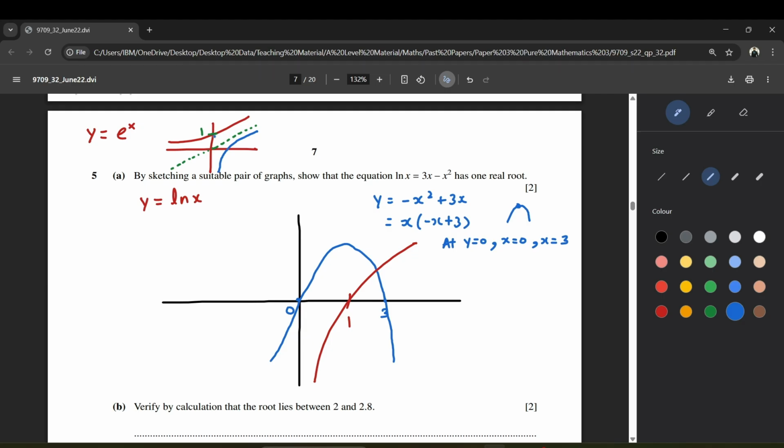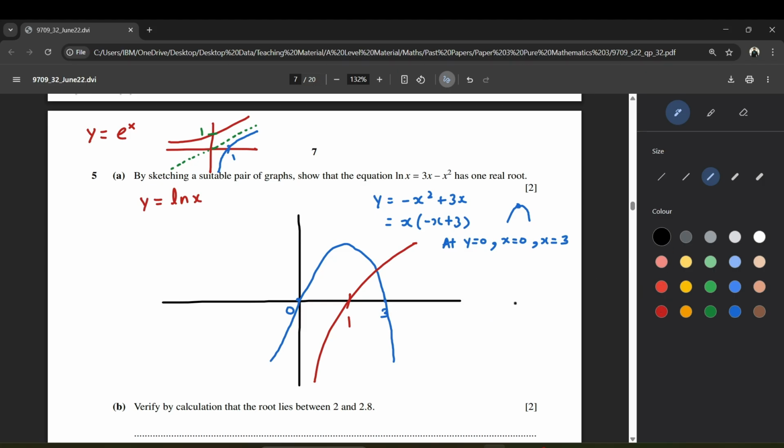You can see that the graph does not approach the x-axis because the x-axis is the asymptote. Similarly, for y equals ln x, the y-axis is the asymptote, and the graph cuts at 1 over here. So even if you do not remember how the graph looks like, this is how you can work it out.